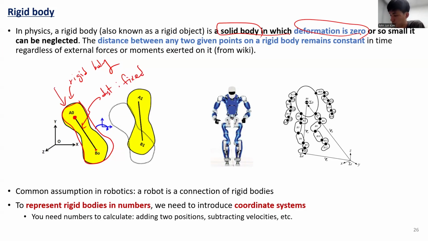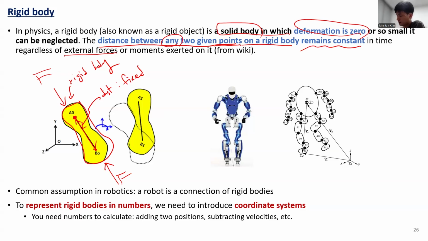Even if you try to squeeze, apply force, squeeze an object, it never deforms. The distance between these two points is fixed. So the distance between any two given points on a rigid body remains constant, regardless of external forces or moments. That's basically the definition.